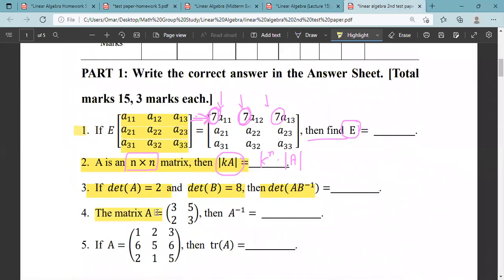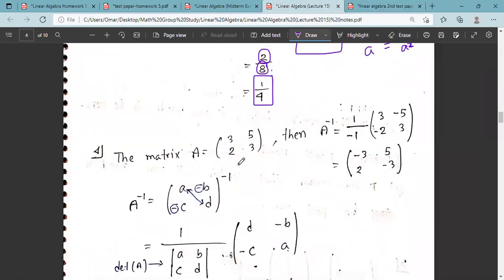The matrix A is equal to 3, 5, 2, 3. Then what is the inverse? For a 2 by 2 matrix, finding the inverse matrix is very simple. Just follow this rule. Exchange the first corner, so A will go here and D will come here.